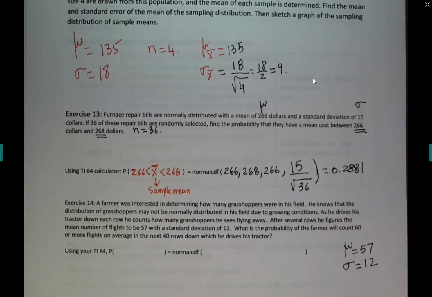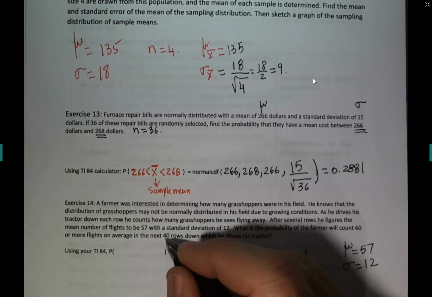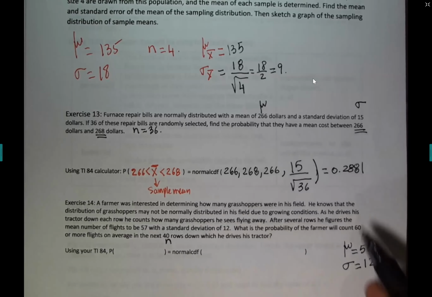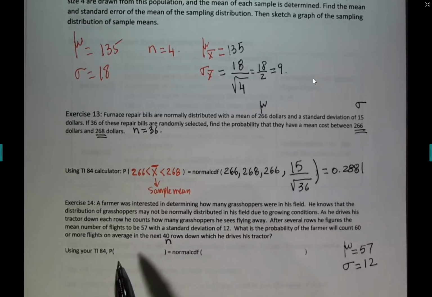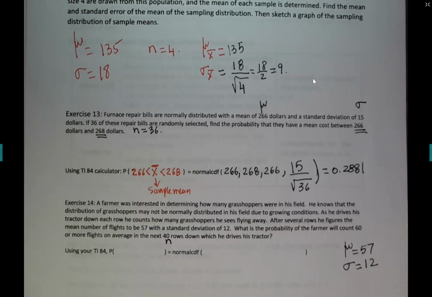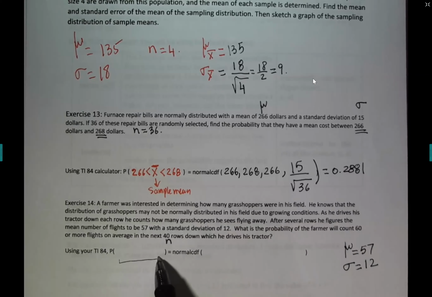What is the probability the farmer will count 60 or more flights on average in the next 40 rows? The next 40 rows, guys, this is n, sample size. And he says we'll count 60 or more on average. When he says on average, he's talking about the sample mean. So who can help me write the interpretation of 60 or more here?